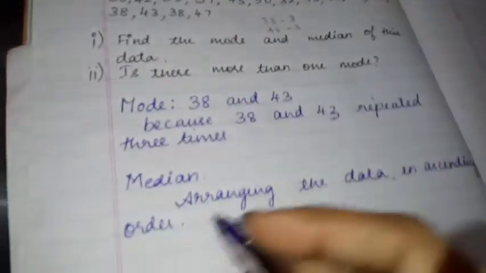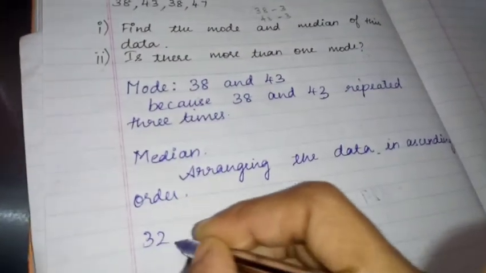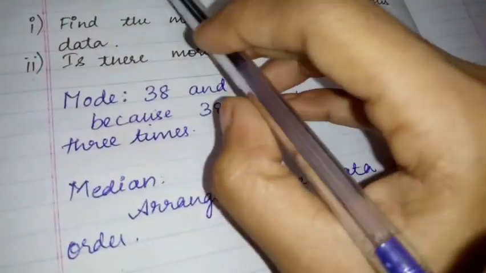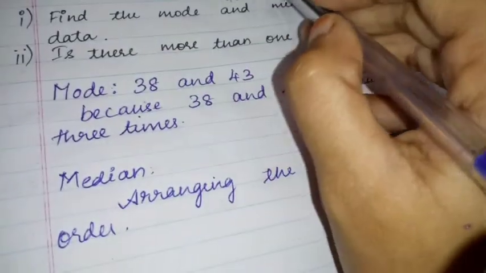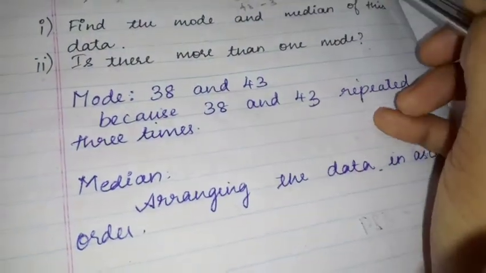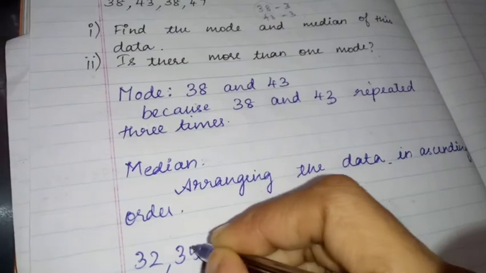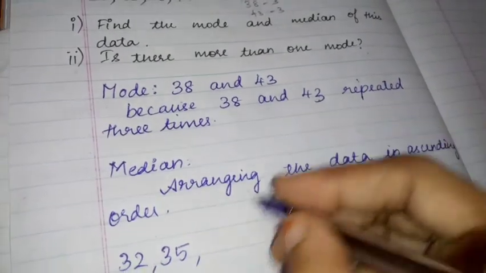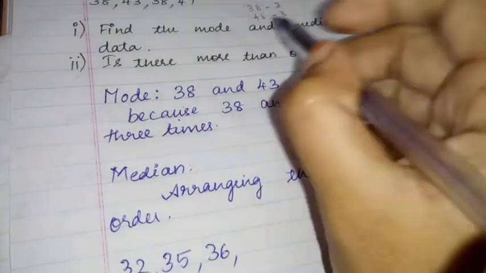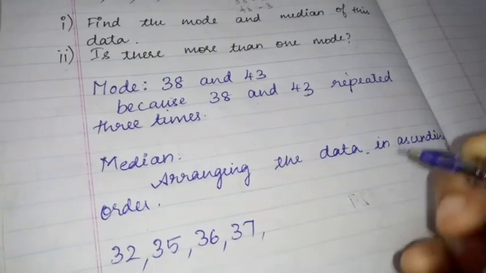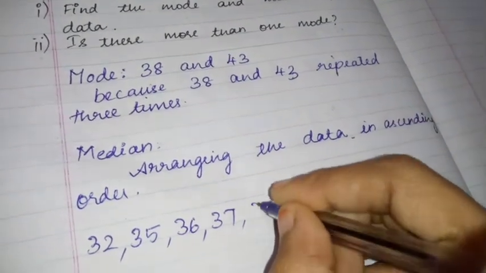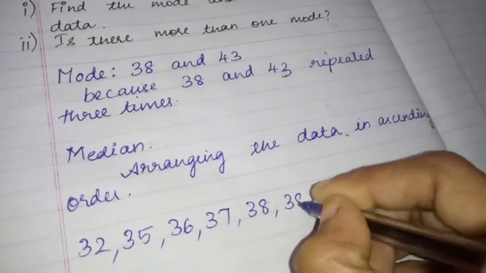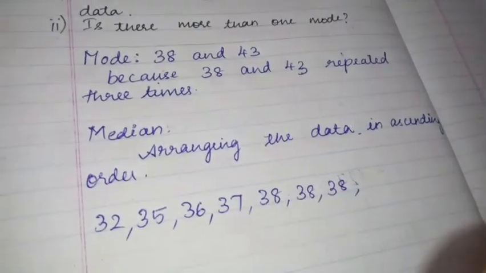What is the lowest value now? 32. Next, 33 is there. Check, children, please check it. You can write it yourself. Okay, 35, 36, 37, 38, 3 times it is repeated. So I am writing 3 times.